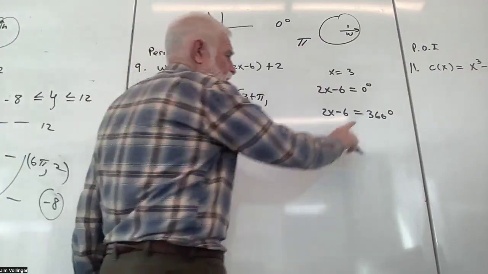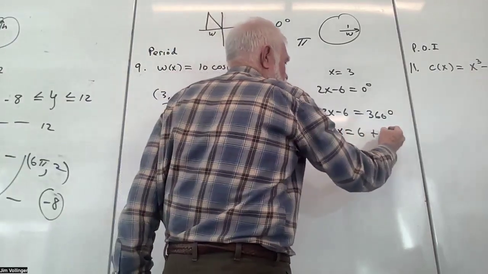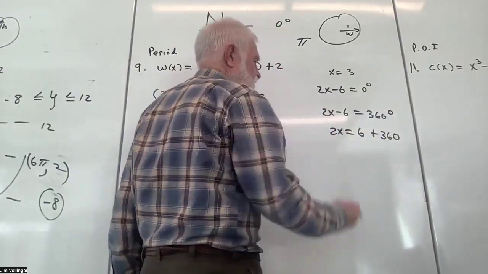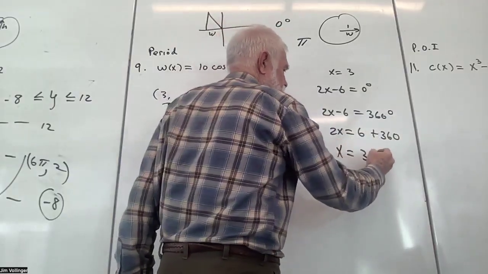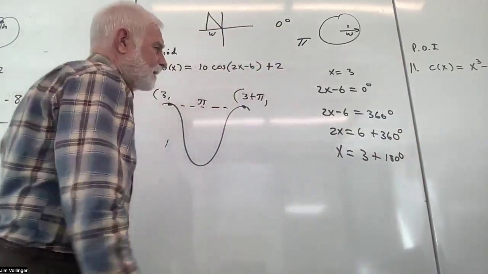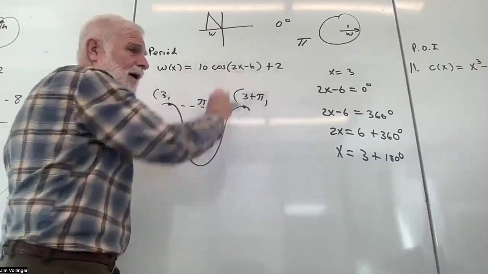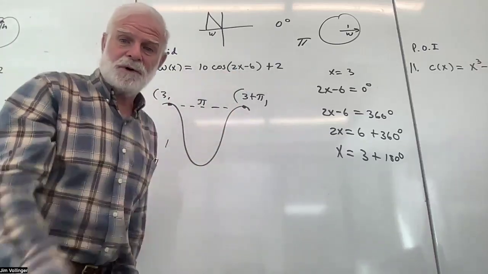All right, because when does this equal? It equals 2x equals, let's move the 6 over there. Let's divide by 2. Oh, yes. 3 plus 180 degrees. Yeah, why? Because if you double 180, you've gone around the circle once.